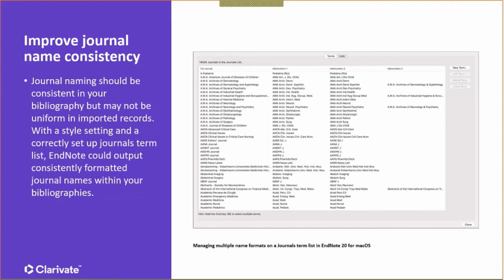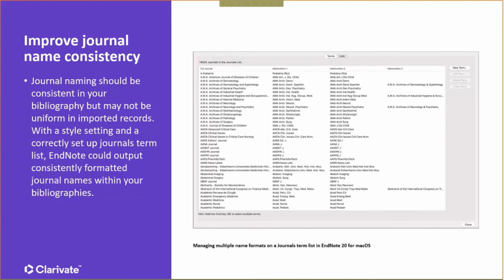Like I mentioned, the journals term list is a little bit different because what EndNote will do is check for a particular journal name that's included within one of your EndNote library records. And if you cite that reference in a research project, let's say in Microsoft Word, and your output style is set to substitute an alternate naming convention for a journal, so long as that name is defined in your journals term list, EndNote would be able to output an alternate term than what's found in your EndNote library record.